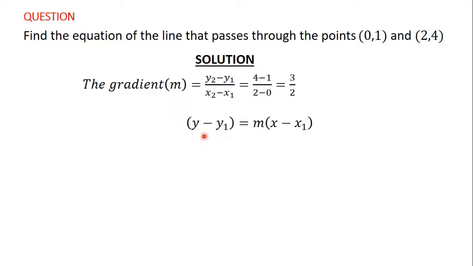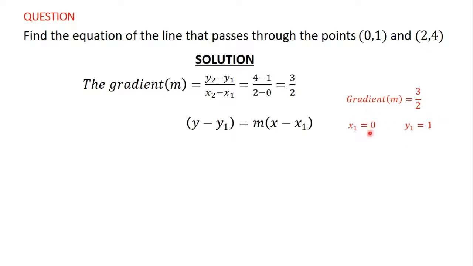And we are going to do this by using the formula y minus y1 is equal to m into brackets x minus x1. So in this case, m is the gradient of the line, so m is 3 divided by 2. I'm choosing the first point, so x1 will be the x coordinate, which is 0, and y1 will be the y coordinate, which is positive 1. So the gradient is 3 divided by 2, x1 is 0, and y1 is 1.